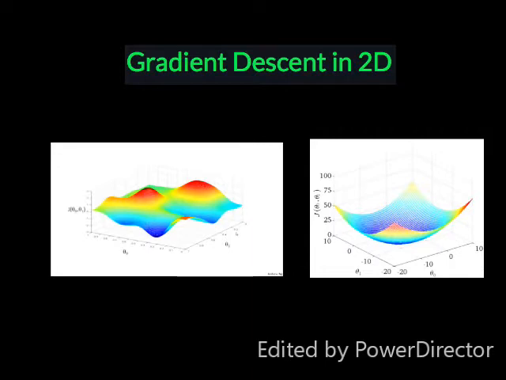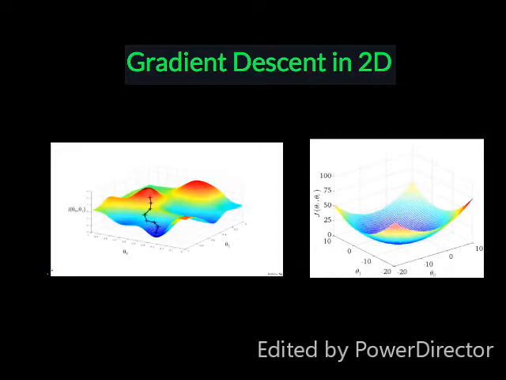Here you can see a gradient descent in 2 dimensions because we have both theta 0 and theta 1. It's a 2D plane, you can see. It's a mountain like shape. So the point you converge depends on the point you initialize.